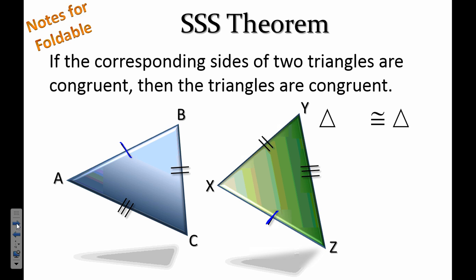Okay. Double ticks at BC and at XY, and triple tick marks here at AC and YZ. Three sides congruent to three sides. So we can say that these two triangles are congruent by side, side, side.